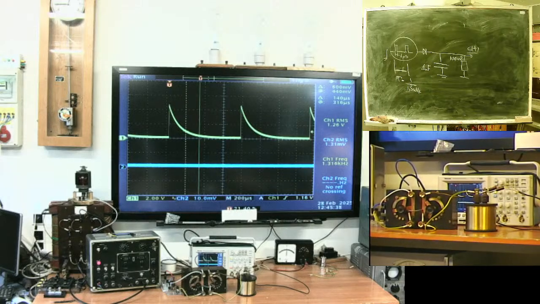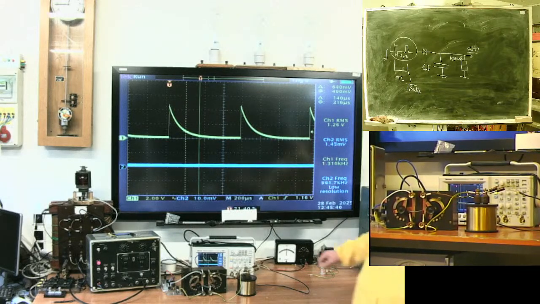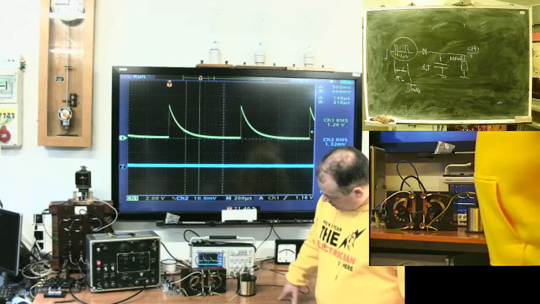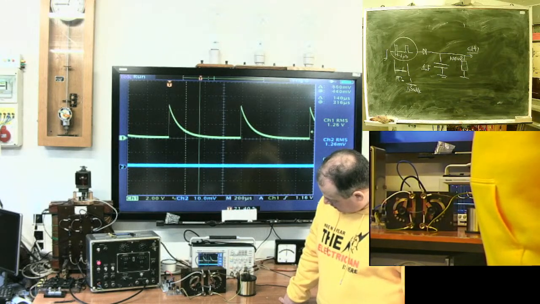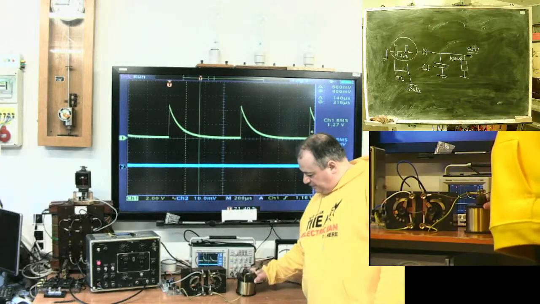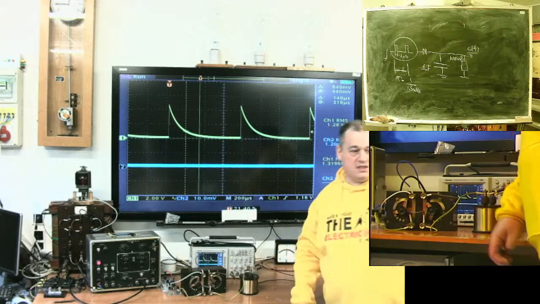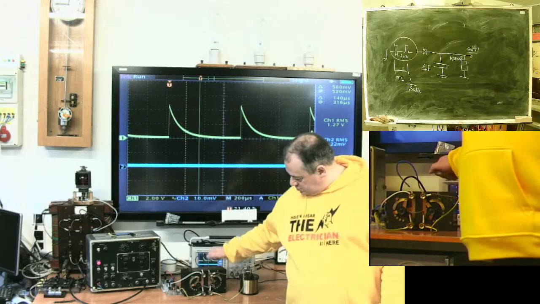If someone would see, here is my capacitance box. Now it's set for 1 nanofarad and 10,000 ohms resistance.